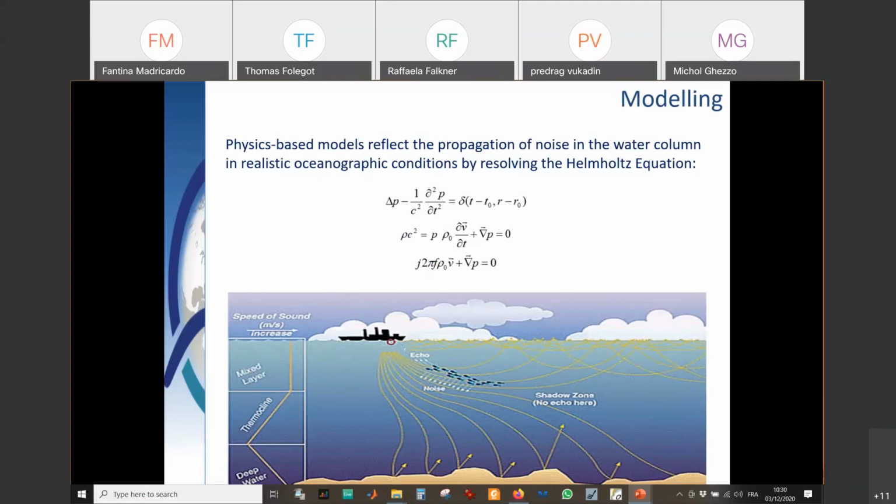Is that clear for everyone what the wavelength is? The lower the frequency, the higher the wavelength. So the water depth needs to be larger than twice the wavelength. All right. If not, the sound cannot really propagate in the channel.